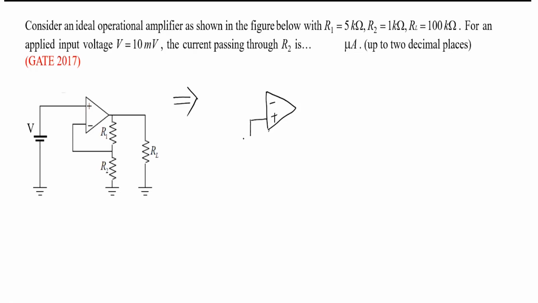They are giving one V at the non-inverting terminal. They are grounding this one. Then they are giving to R2. And from R2, one is going to the inverting terminal. Then this is going to R1. And this is going to the output. And this is the load. Can you see what I have done?